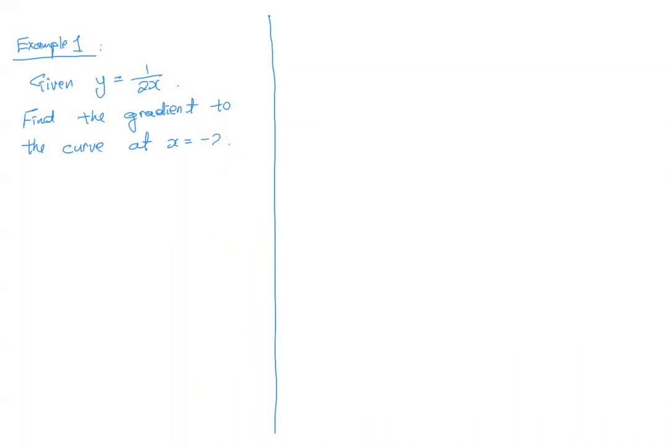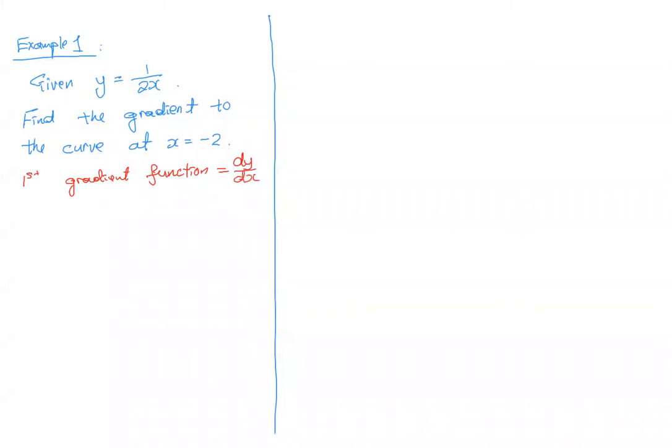So now, if I ask you to find the gradient to the curve at x equal to negative 2, that means you must have the gradient function first, correct? So the first thing in your mind, first you must get the gradient function. So gradient function means dy dx.